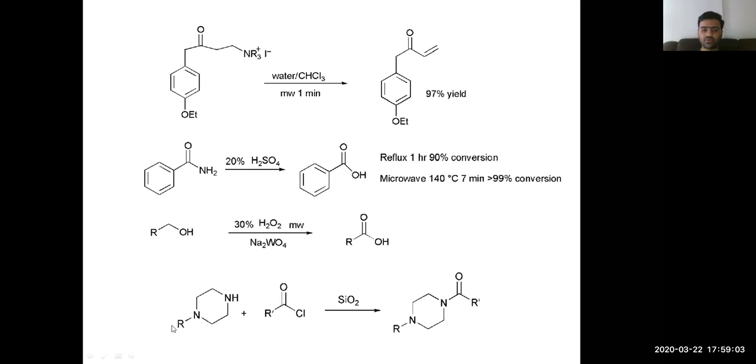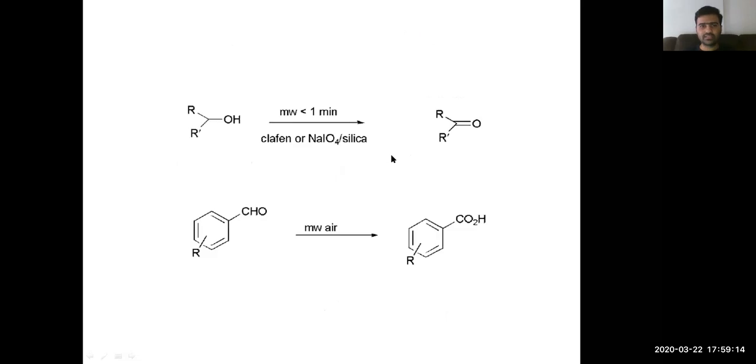Or else you can also convert these amines into their N-acyl derivative using a solid support like silica, SiO2. Some other examples are conversion of secondary alcohols into the corresponding ketones by using sodium iodate on silica, or some aldehydes can be converted into the corresponding carboxylic acid using microwave.